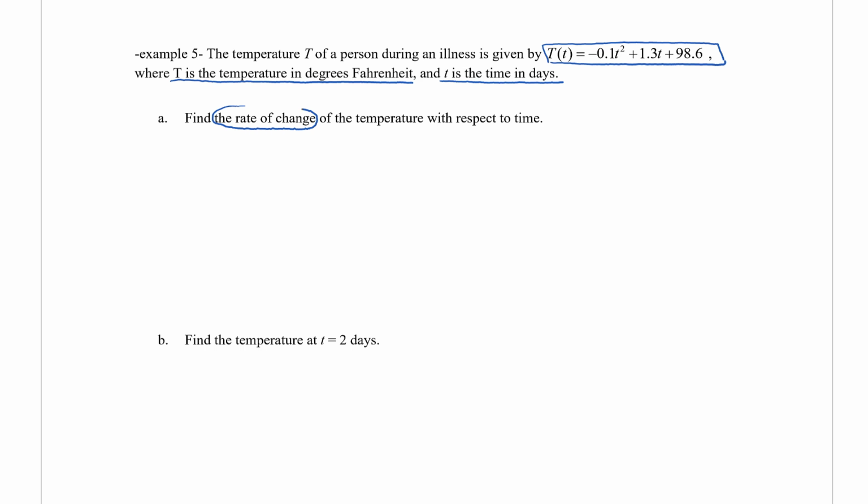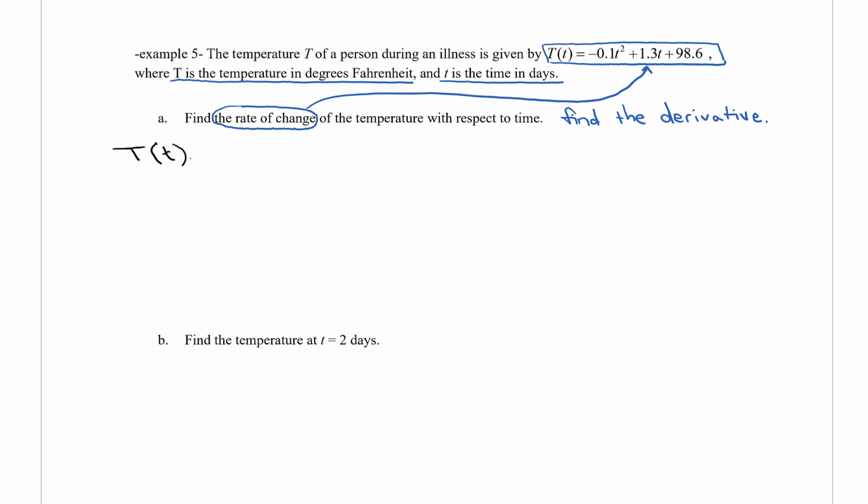So it's asking us to find the rate of change. I have underlined that T is the temperature in degrees Fahrenheit and t is the time in days. I have boxed in the function and circled the words the rate of change in problem A. This basically means I need to find the derivative.